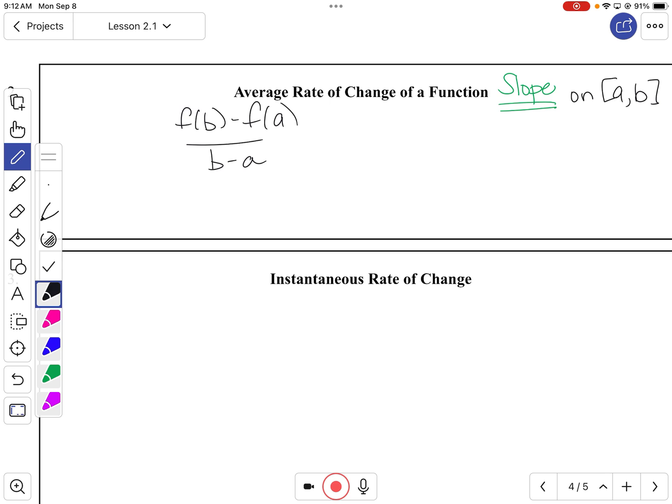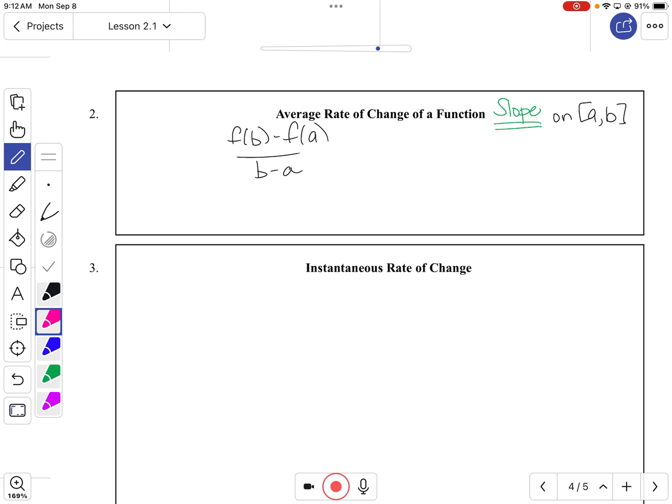But I'd like to challenge you to think of it in just a little different way, in a way that we refer to as our 2 points of x and x plus h, okay? So let's do it on that interval. What would average rate of change look like on that interval?